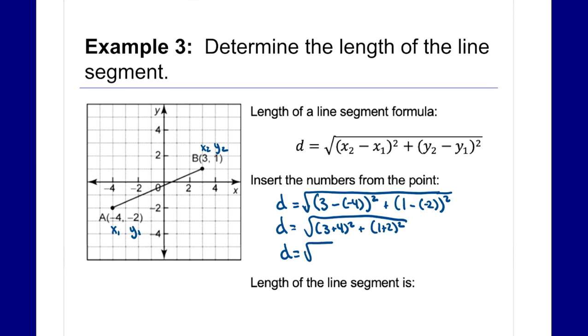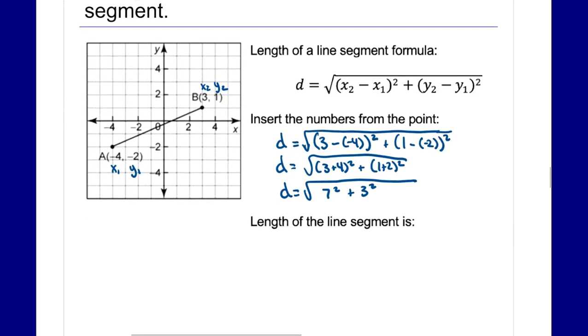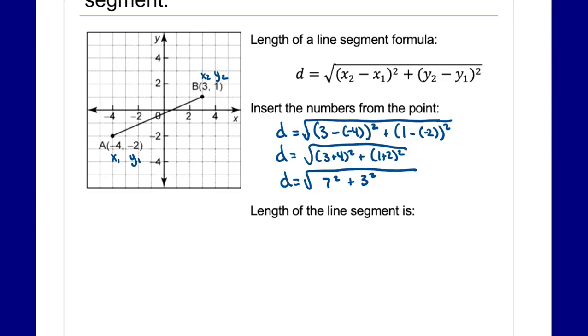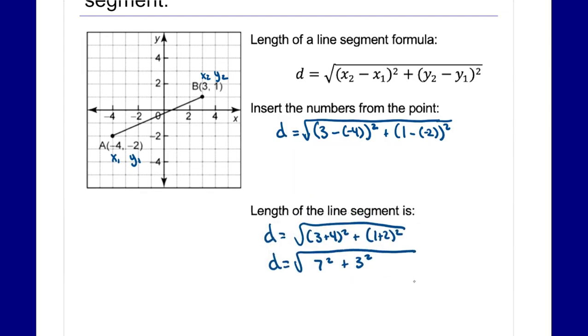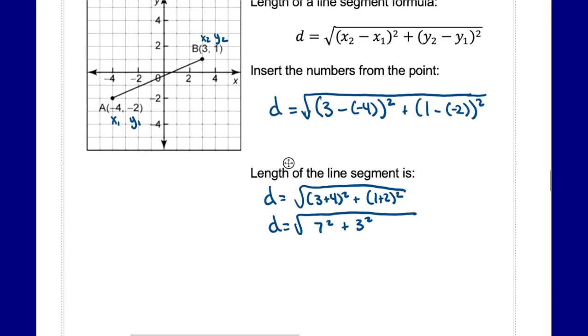D is equal to, or the length is equal to, 12 squared plus 3 squared. Not 12, sorry, I didn't multiply. 7 squared plus 3 squared. All we wanted to do in the first one is just substitute our points in, make sure we were comfortable doing that.